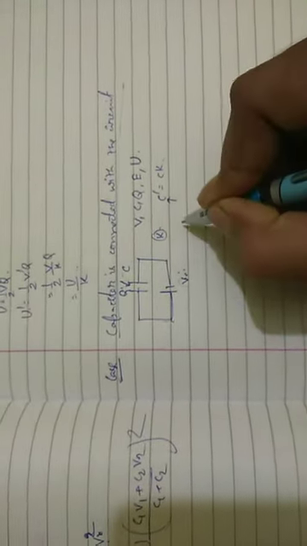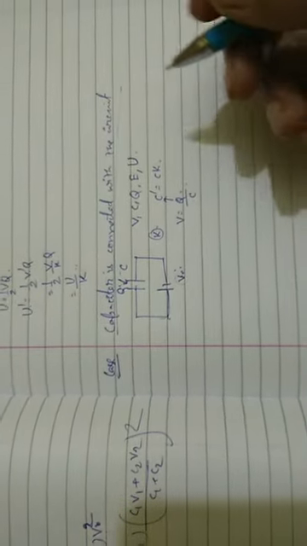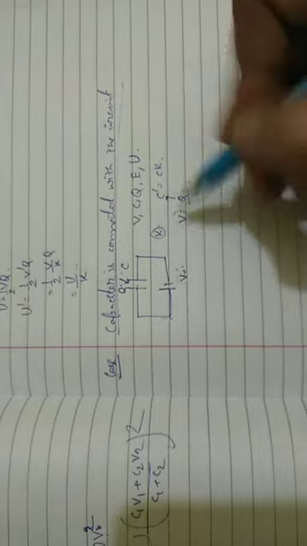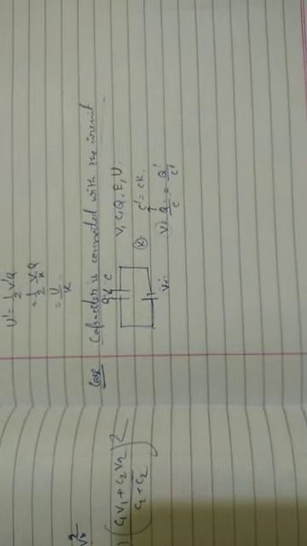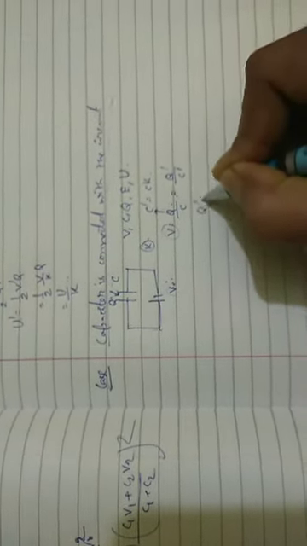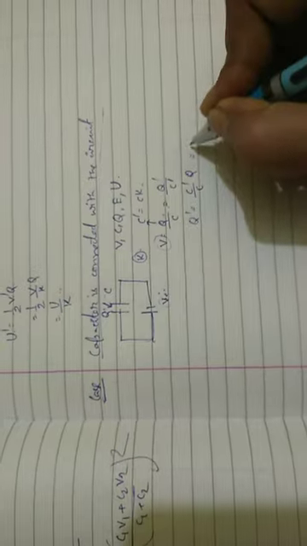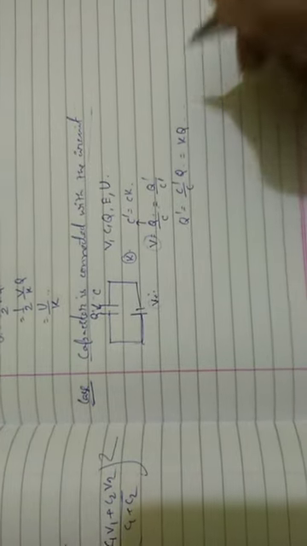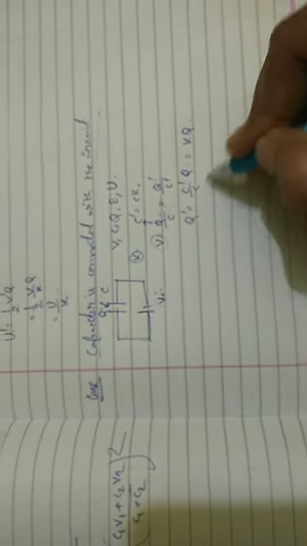So initially you can write V equals Q by C, and no matter whatever change you make, V remains same. So after some time this will also be Q prime by C prime. So with the introduction of the dielectric, Q prime will be equal to C prime by C into Q. So this will be K into Q, just putting the value of C prime from here. So you can see that the charge stored will be increased.